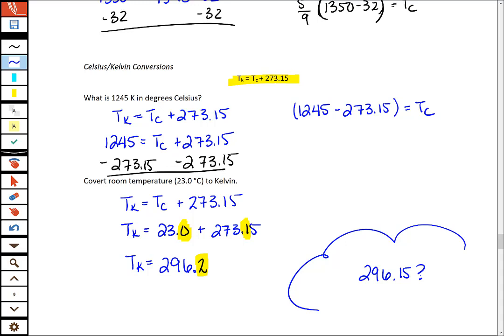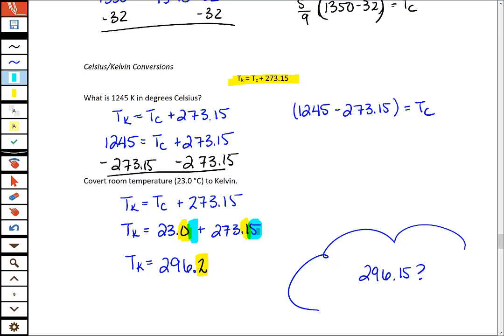Why can't I do that? Well, because over here in the 23.0, where I'm highlighting in blue, you don't know what digit is there. And so you can't take an I don't know, add a 5 and be certain of what's left or what you've added together. It doesn't work that way.